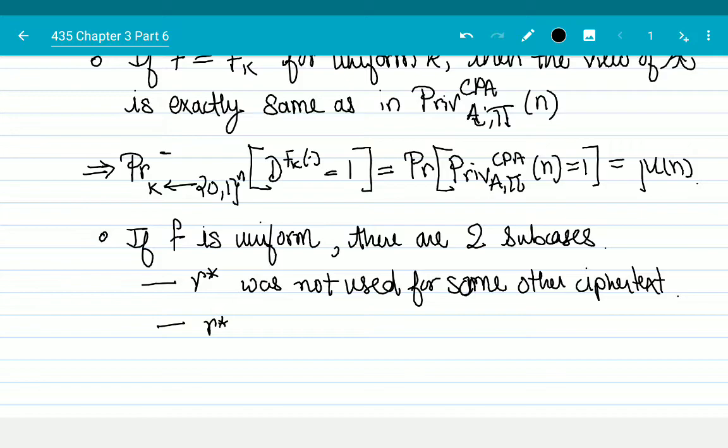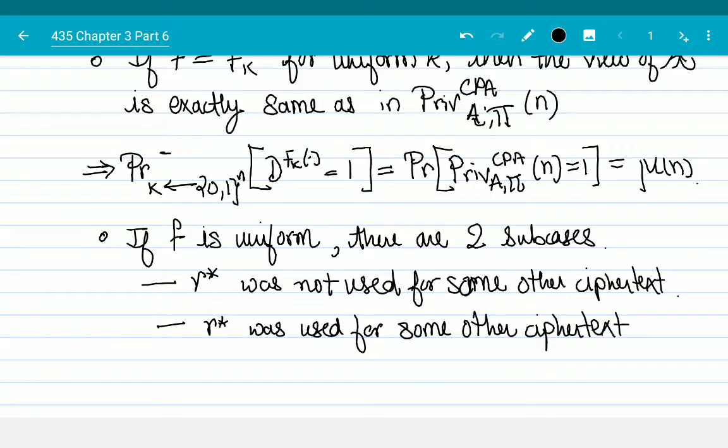So that's R star was used for some other ciphertext. We'll call the first case not repeat, and the second case repeat.